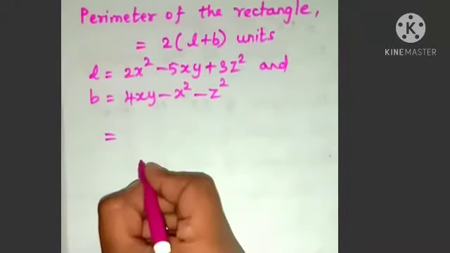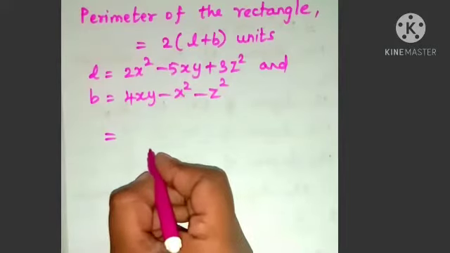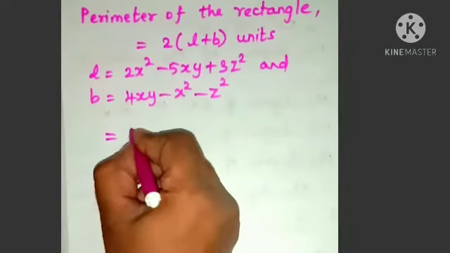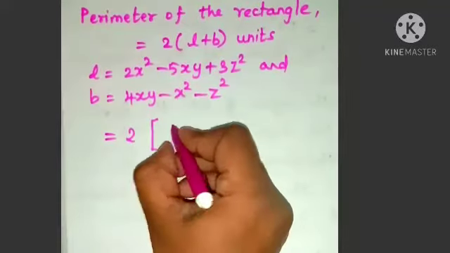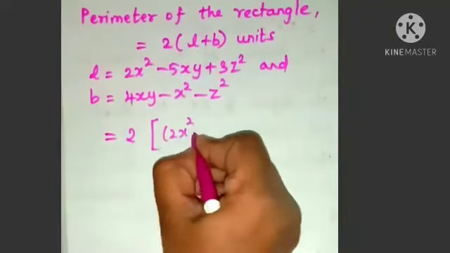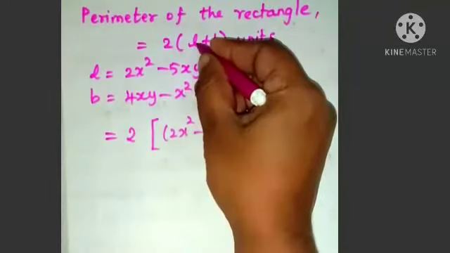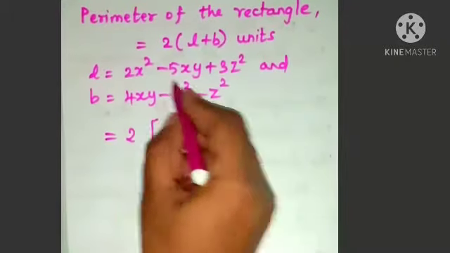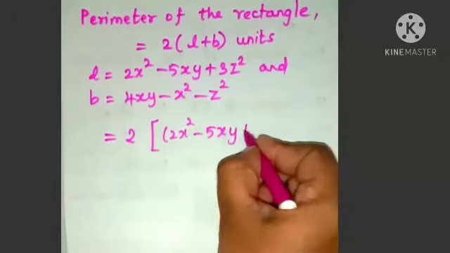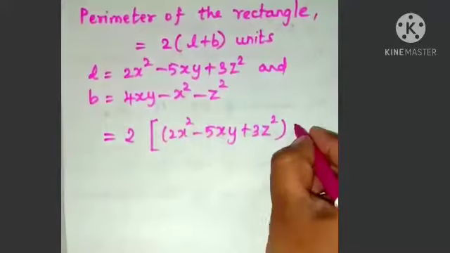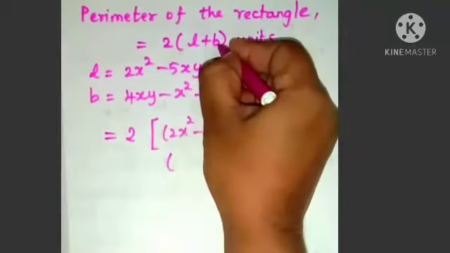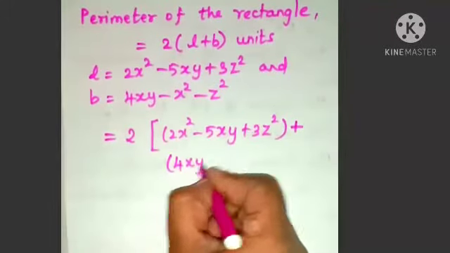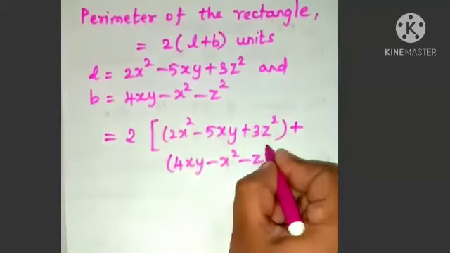Thus we get the perimeter of the rectangle: 2 into (2x squared minus 5xy plus 3z squared plus 4xy minus x squared minus z squared).